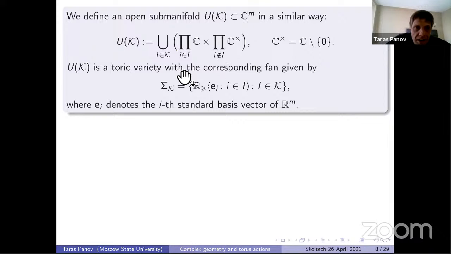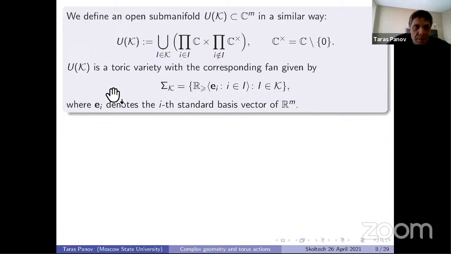And it's also a toric variety in the sense that it has an action of an algebraic torus, C star, the algebraic one-dimensional torus. And just from the construction, it's clear that (C^×)^m acts on this U_K with an open dense orbit. So it's a toric variety.